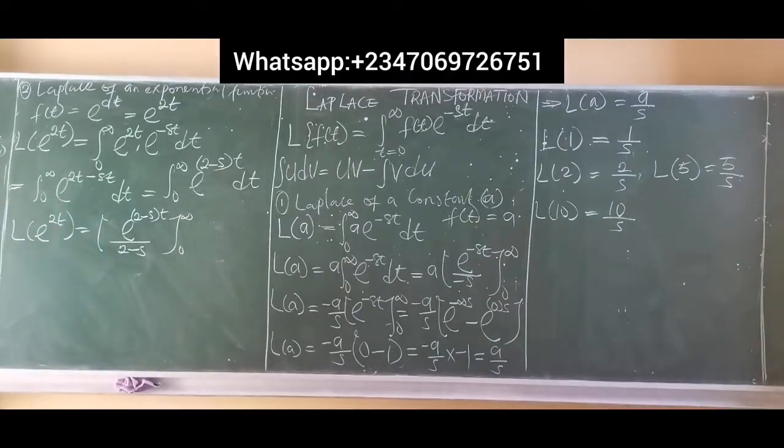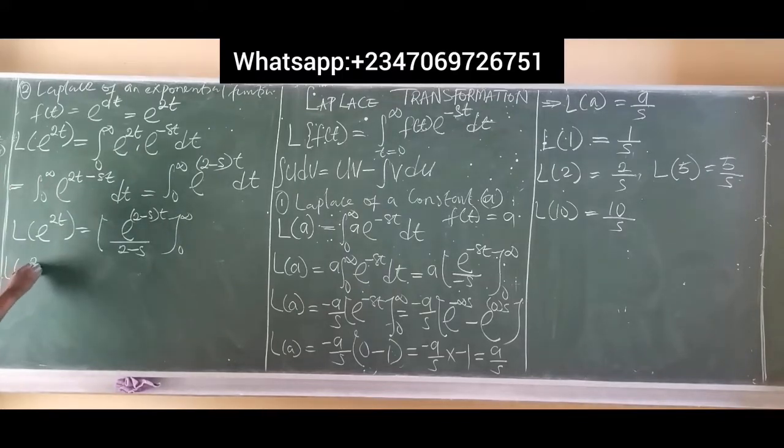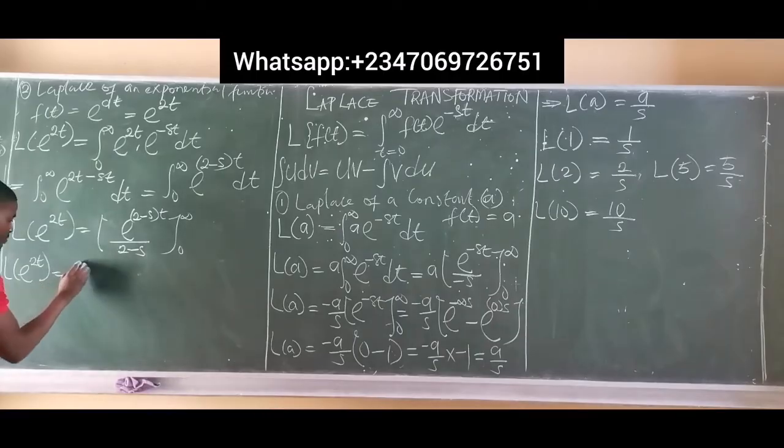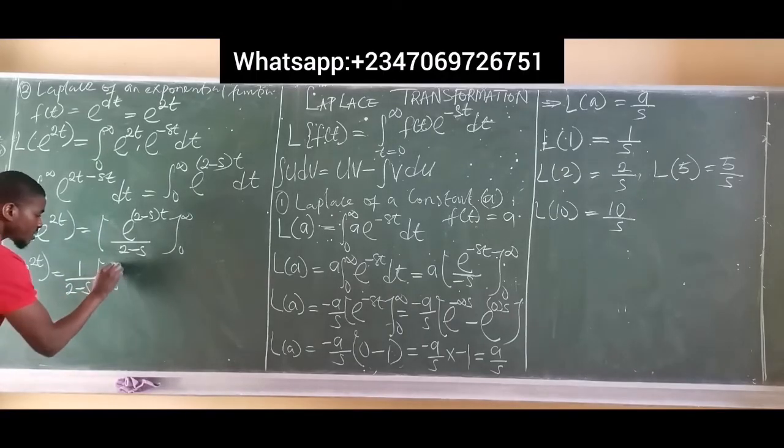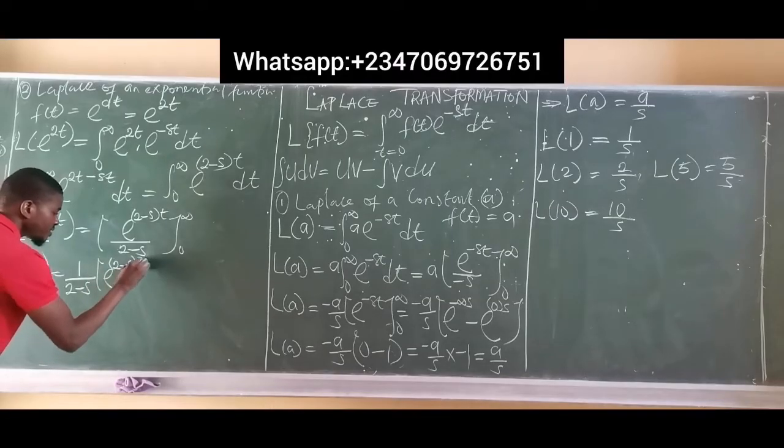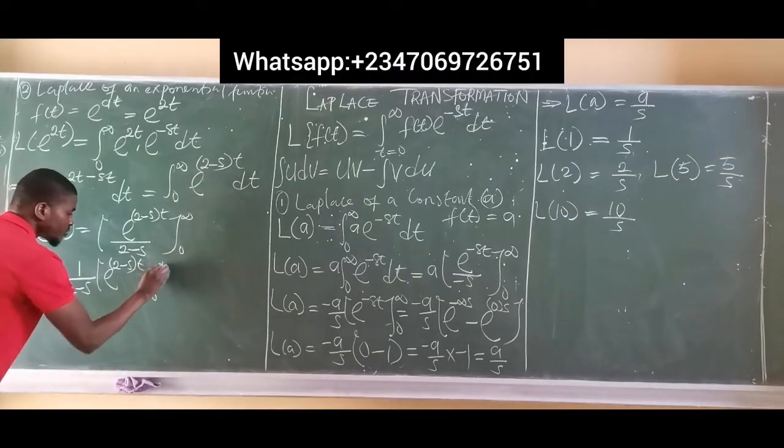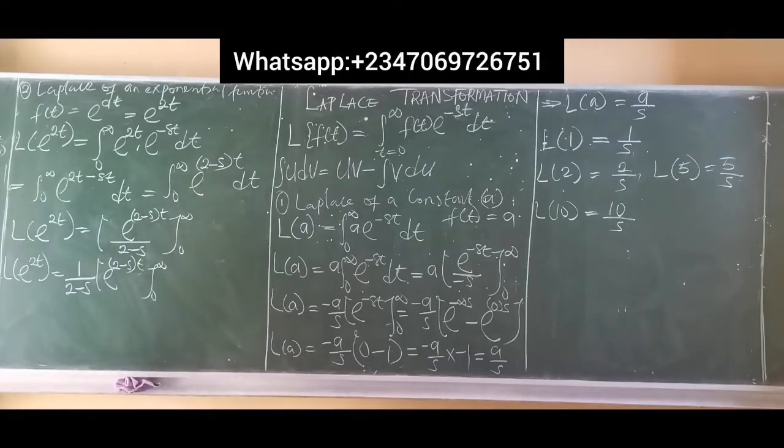I have something like this. I can decide to factor out 2 minus s. So the Laplace of exponential 2t is equal to 1 all over 2 minus s, all into exponential (2 minus s) times t, from 0 to infinity. Now we'll put in our limits.